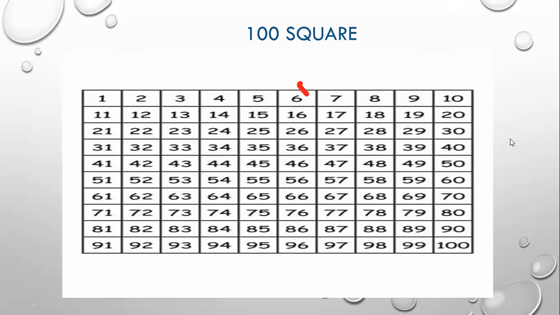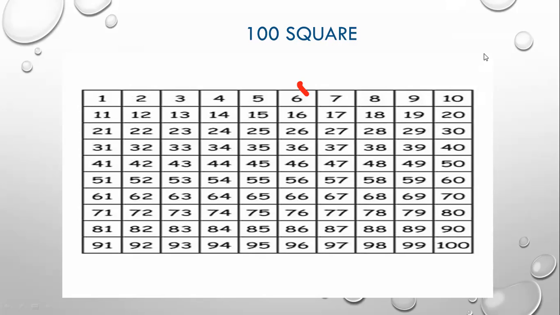The numbers which finish on 0 are called decade numbers. When you see the 0 at the end, you can say that this is our first decade. From 1 to 10, it is our first decade. From 11 to 20, it is our second decade. So the multiples of 10 are called decade numbers.